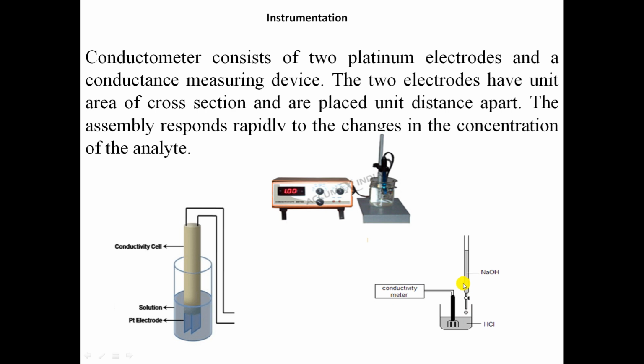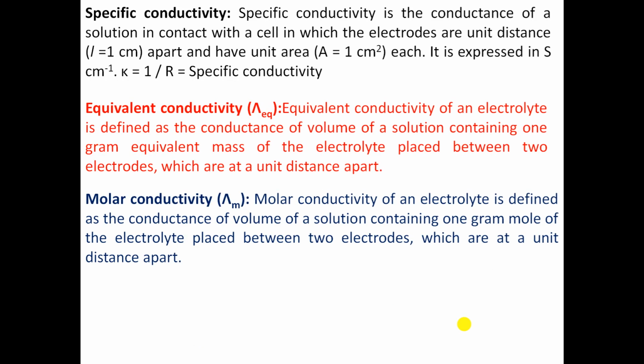When the titrant is added into the analyte solution, it replaces some ions. Because of that, the change in conductivity takes place and the end point is obtained from the change in conductance. These are conductometric titrations.